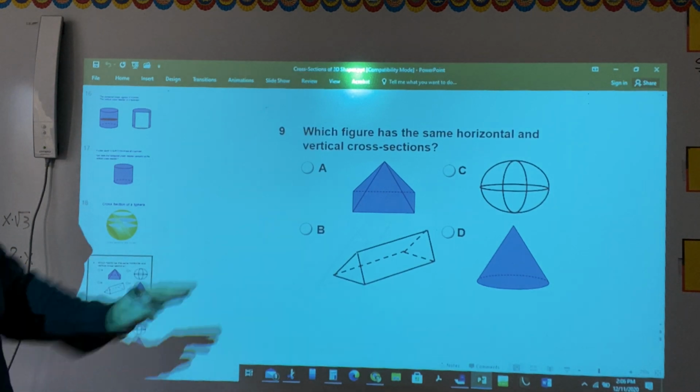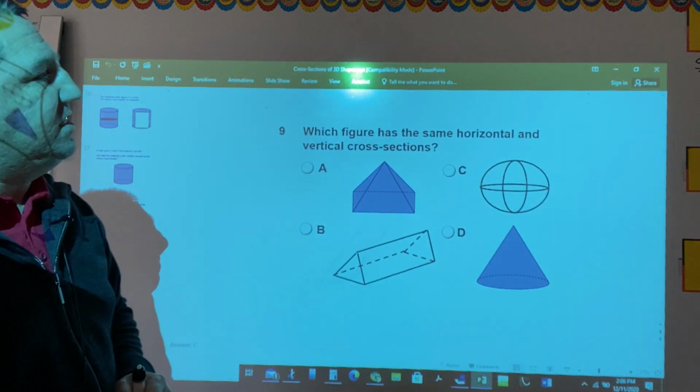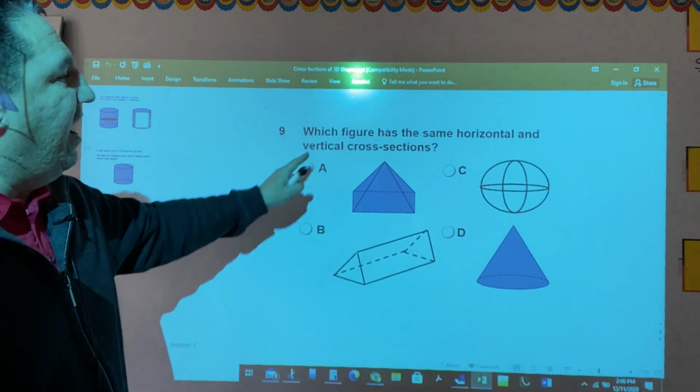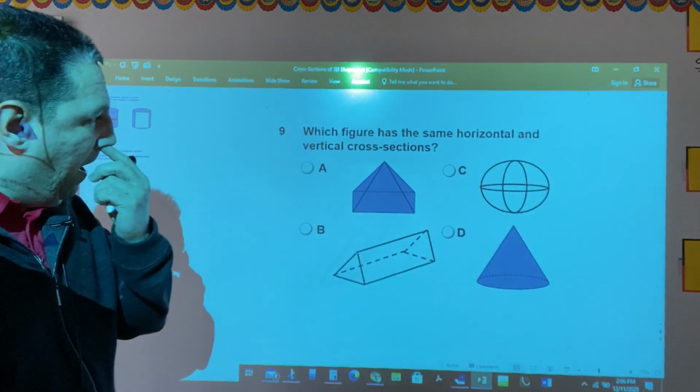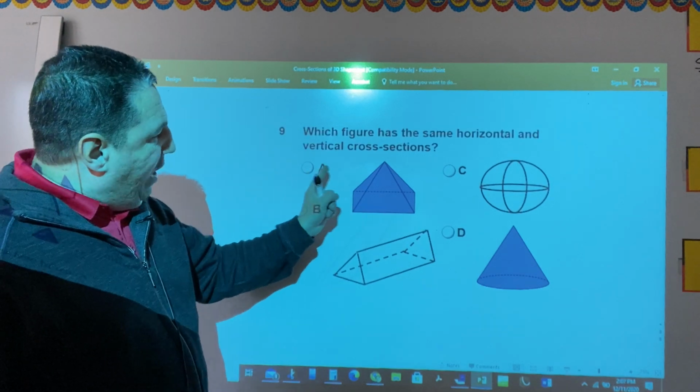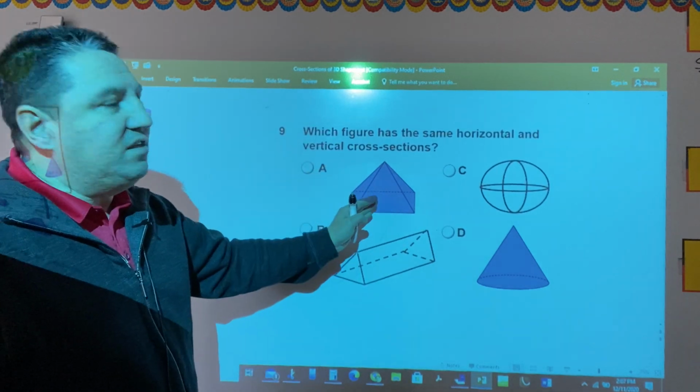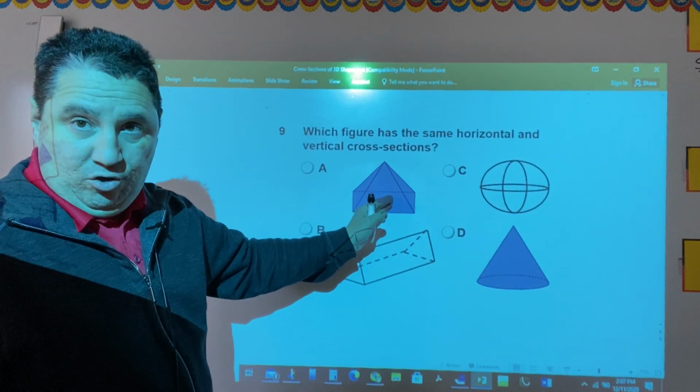In this example, it says, which figure has the same horizontal and vertical cross sections? If we look at A, this is a rectangular pyramid.